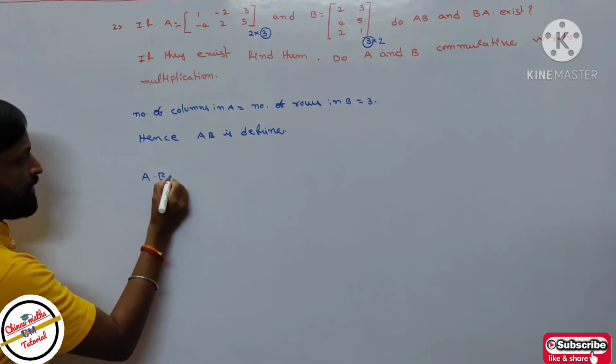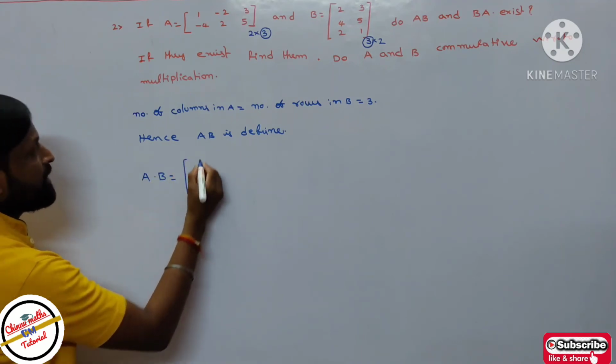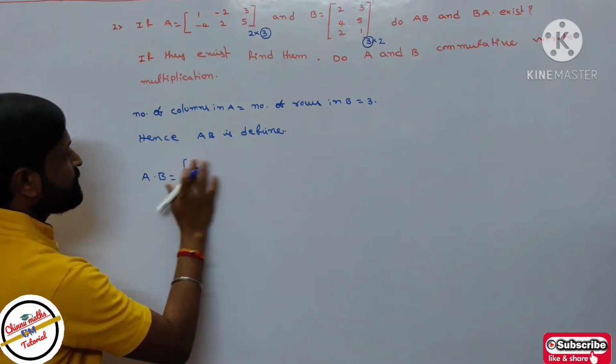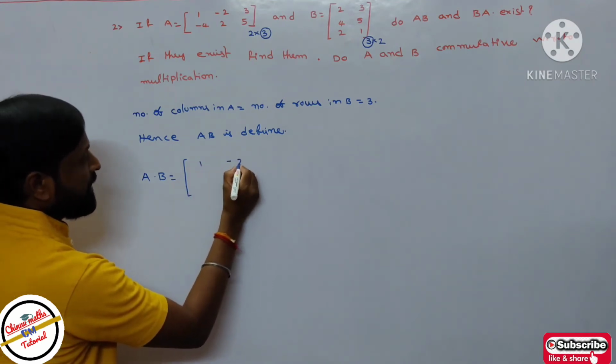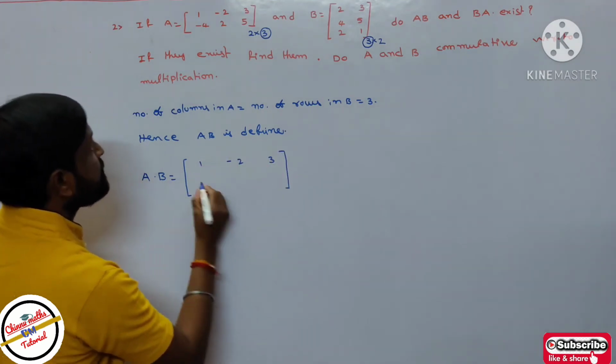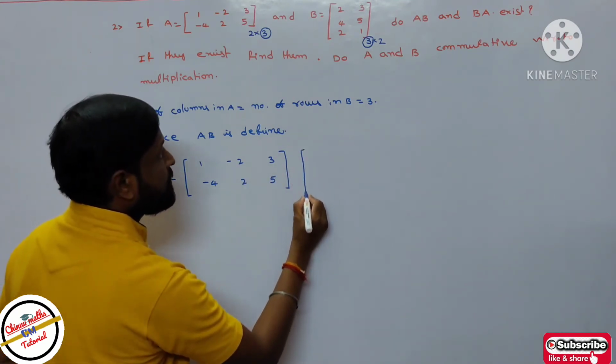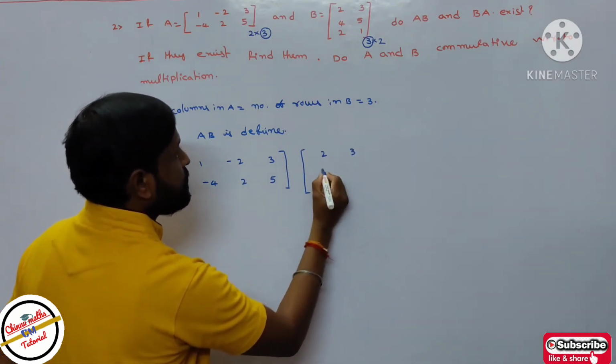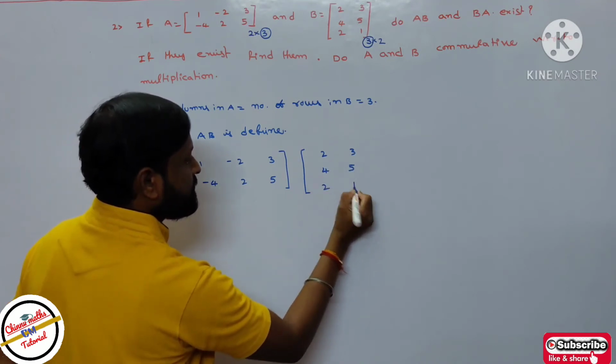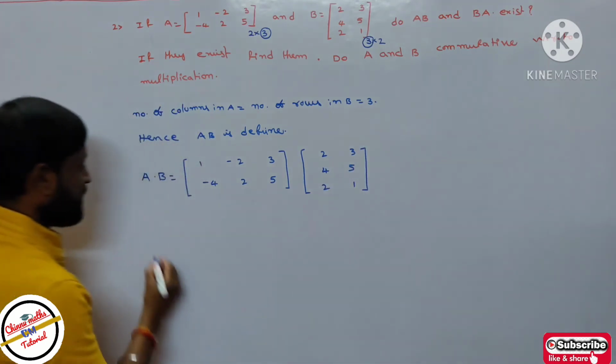Then A into B equals the given matrix A, -1, 1, -2, 3, -4, 2, 5, times matrix B, 4, 5, 2, 1. Then you can multiply.